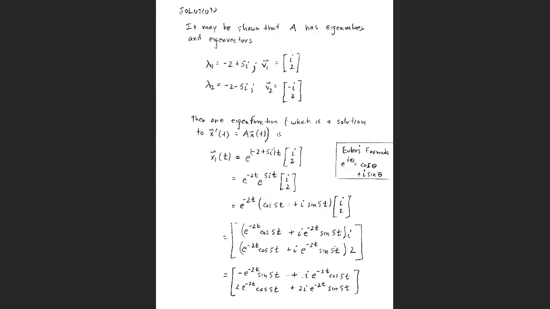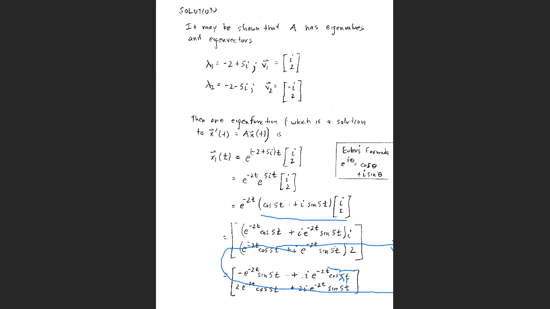And you'll see why. So what I do is I look at one eigenfunction. There are two eigenfunctions, but one of them is e to the negative 2 plus 5i t. That's lambda 1 there, times the corresponding eigenvector v1.